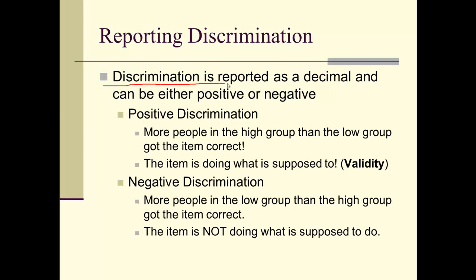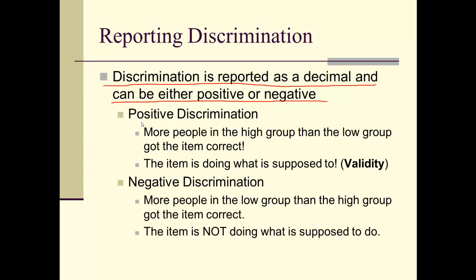And so the discrimination is reported as a decimal and can be either positive or negative. And remember, since we are subtracting, we could subtract a larger number from a smaller number and wind up with, let's face it, more people on the low side who could have missed the answer than those that got it right in the high group, and so we wind up with a negative value.